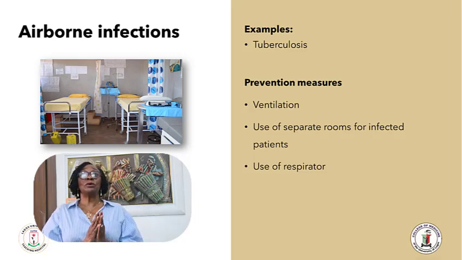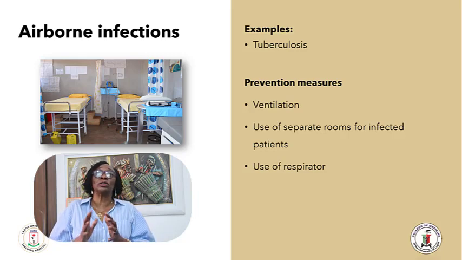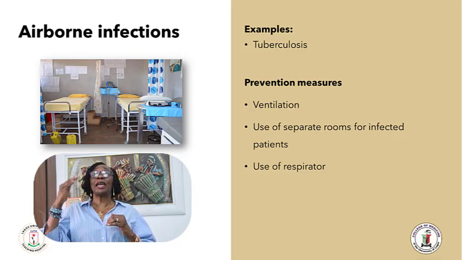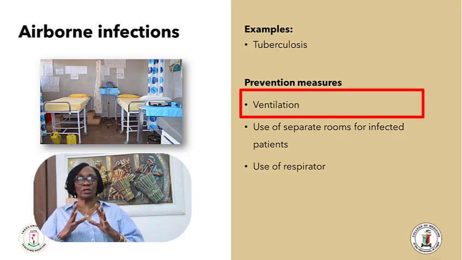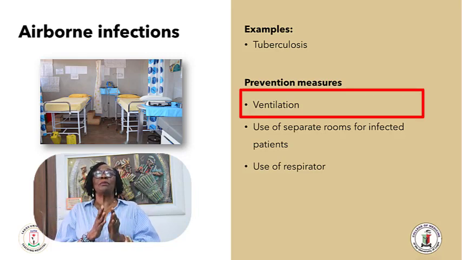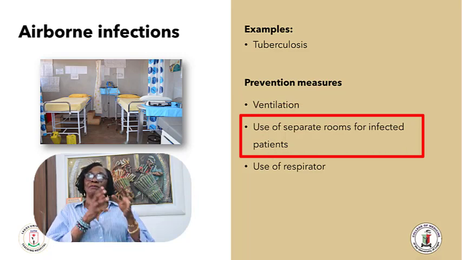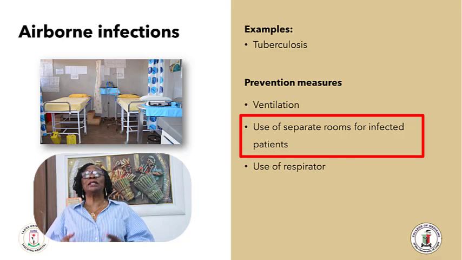And for airborne infections, separating the babies in the same space is not good at all, does not help, because these organisms are spread in the air and they stay for long periods within the air. So ventilation is again important, but more importantly, they need to be separated in another room totally. And we usually prefer what we call a negative pressure room.